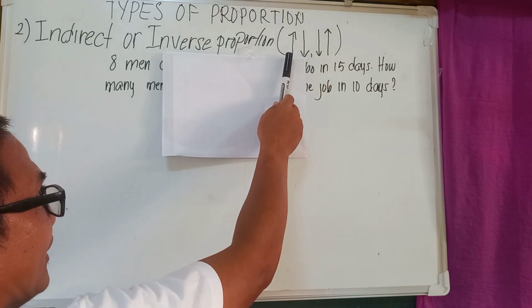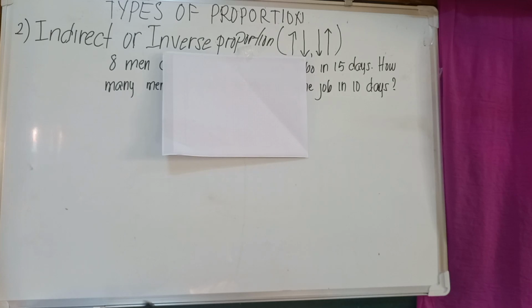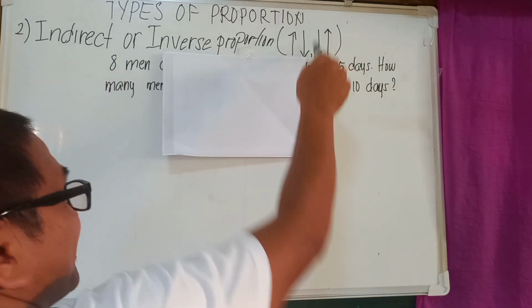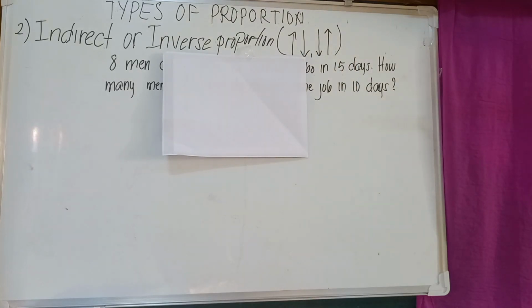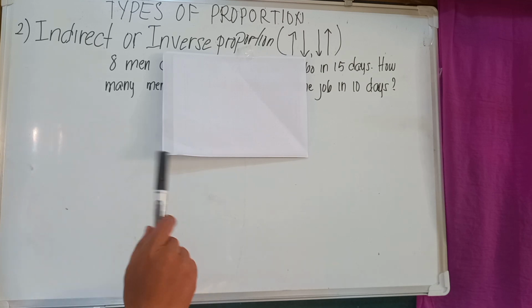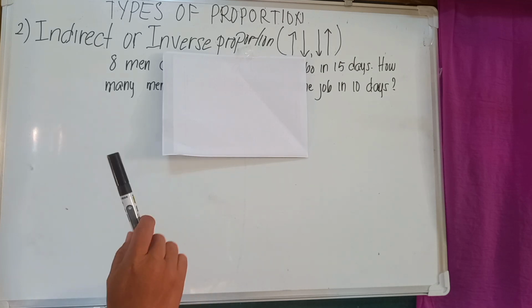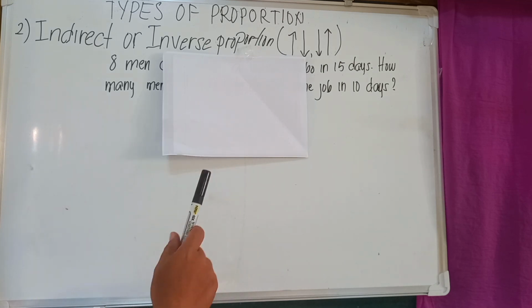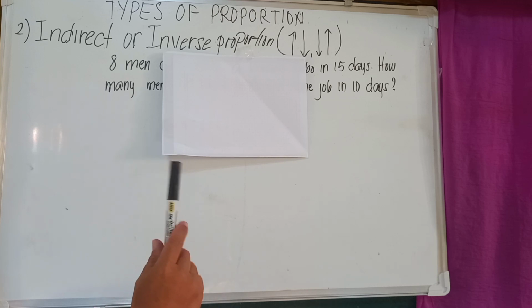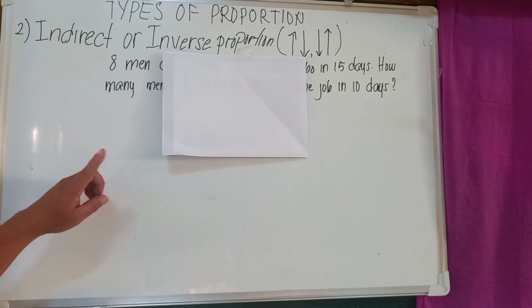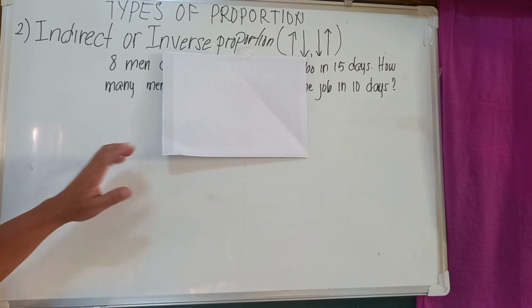Yan yung pinapakita ng ating arrow. Or, as one quantity decreases, the other quantity increases. So, parang ganito lang yan. The more people working, the shorter time it will take to finish the job. Kung kakaunting tao ang magtatrabaho, mas mahaba ang kakailanganing oras.